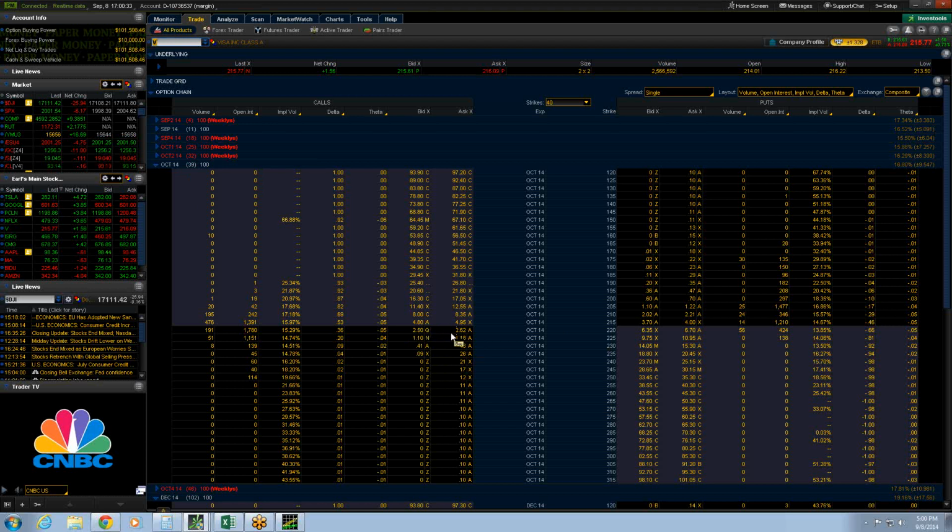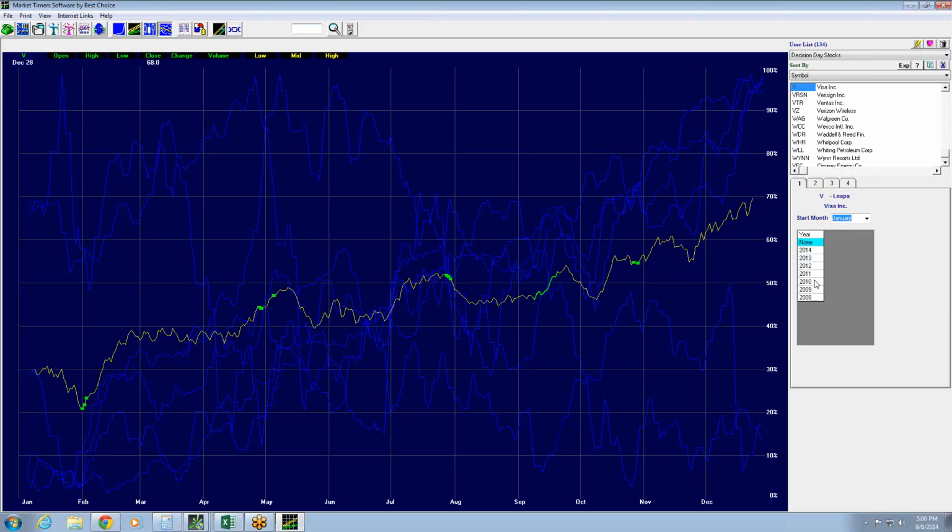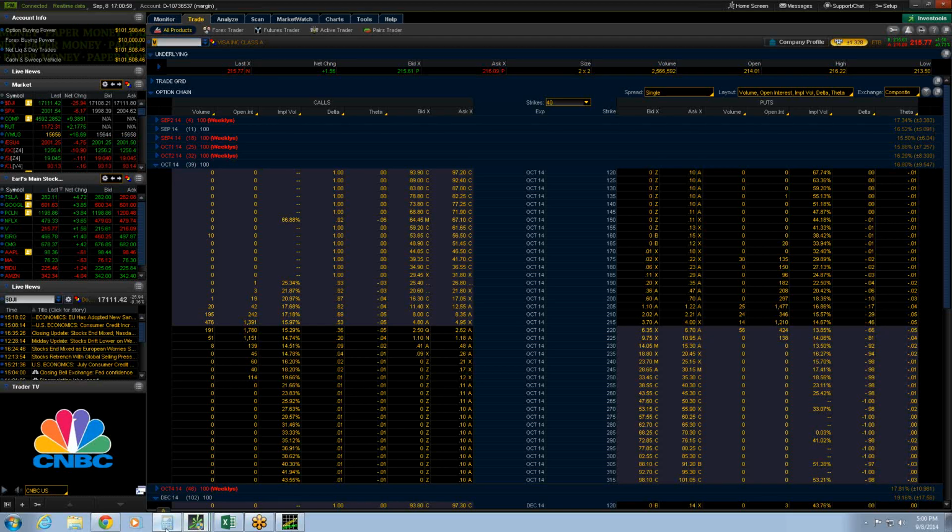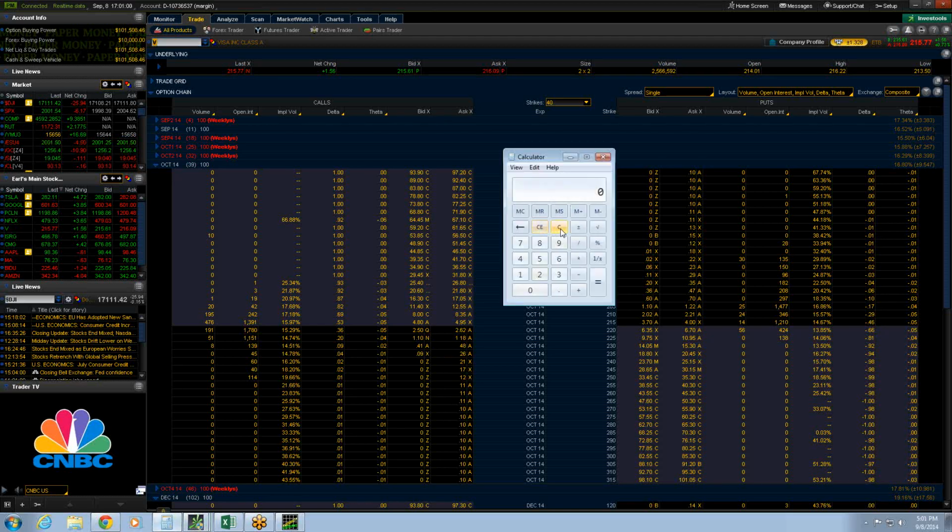But again, 250, 262, folks, based on a $215 stock, that's still very inexpensive, 1.2, 1.3%, and about a 31 net growth per dollar movement. And you're expecting a 6% move. Now you take 6% on 215.